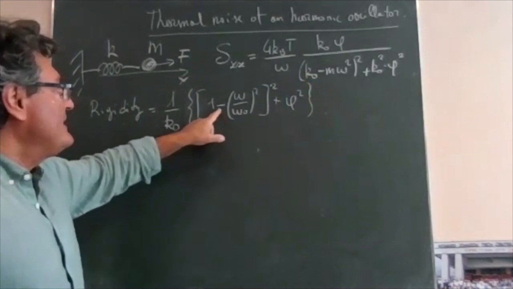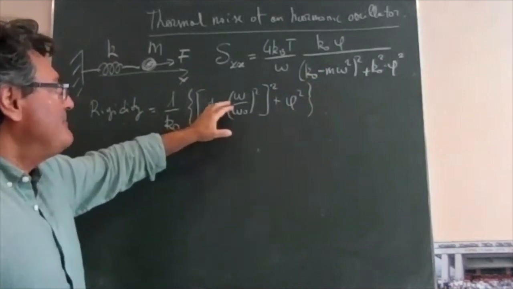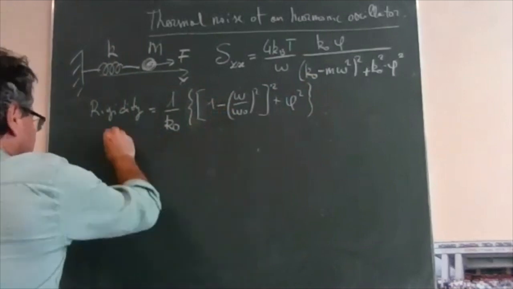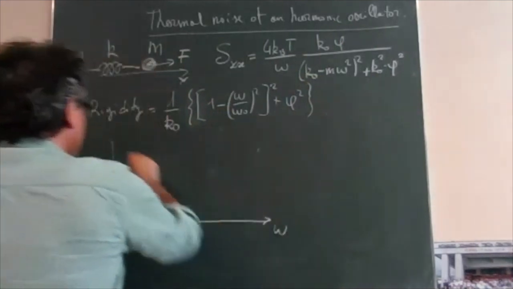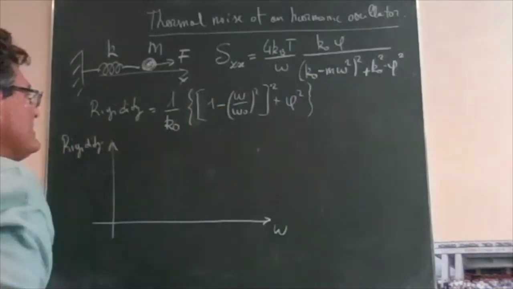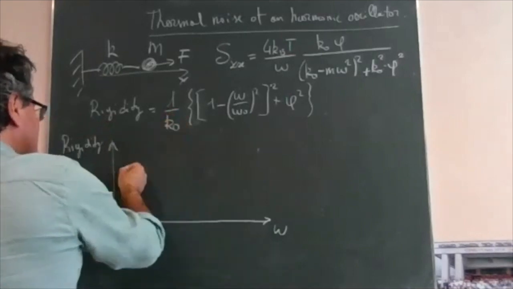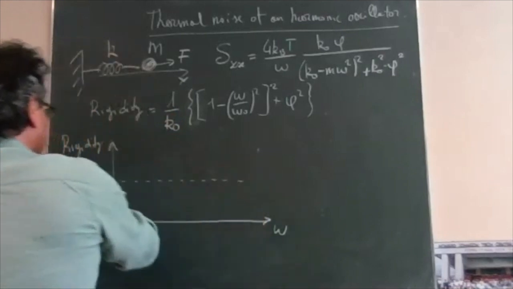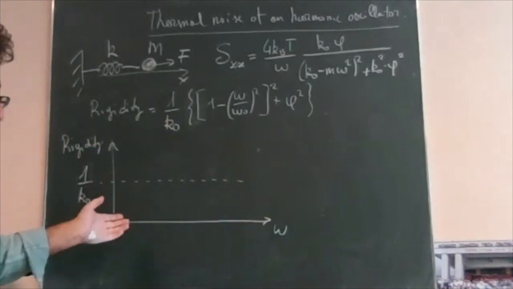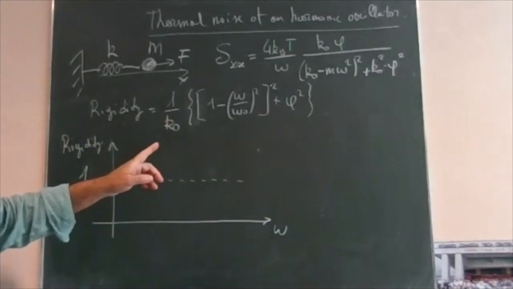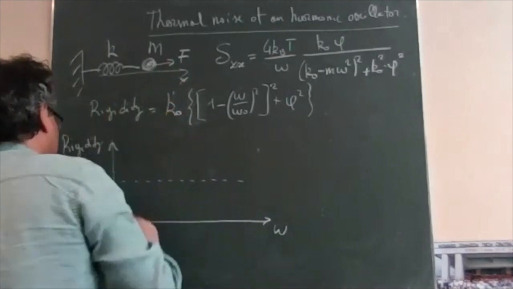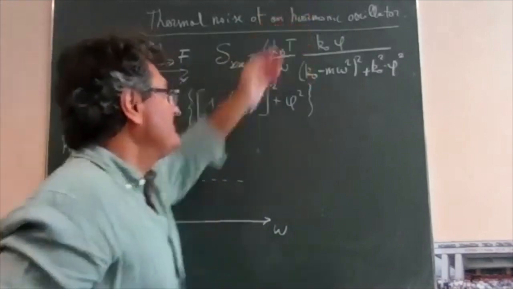If we want to plot the rigidity as a function of omega, there is a constant value, let's call it 1 over k naught. The larger k naught, the larger the rigidity, because it's exactly the opposite.